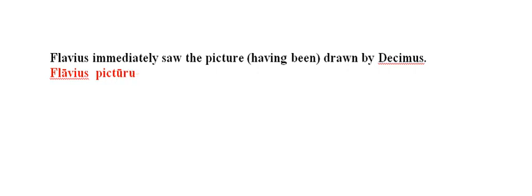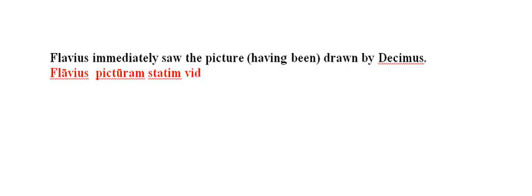Statim. That's an adverb. It's a word that's born as an adverb. If it were quickly, for instance, it would be celeriter. So many adverbs end in iter or long e, but this one is born that way, statim.